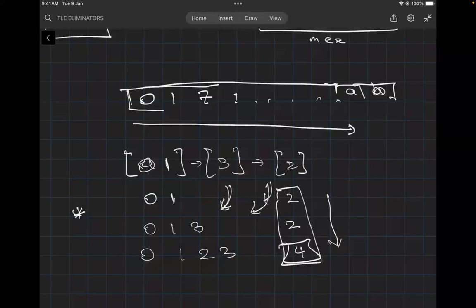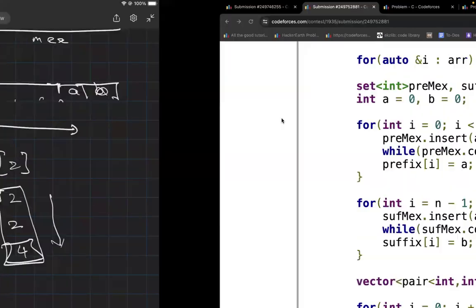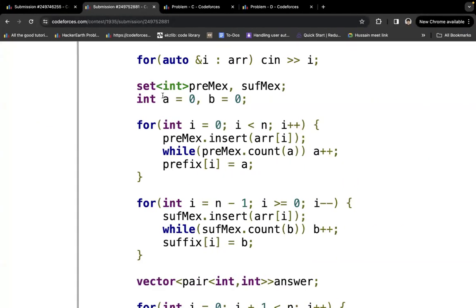Okay. So here, what am I doing? I have two sets. Okay, prefix max and suffix max. I'm inserting A[i] into my prefix max. And let's say my current max is A, right? My current max is A. So till prefix max dot count A, basically in the set that element is available, I just do A plus plus.